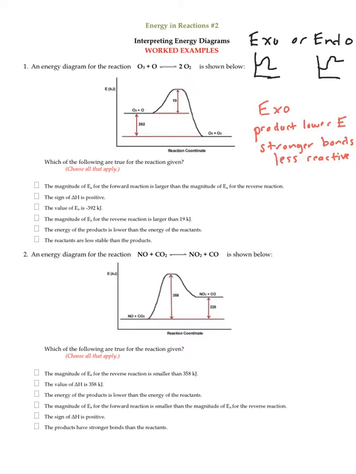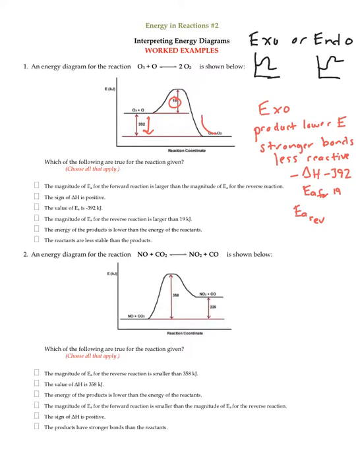Other things that you should realize, of course, is that the delta H is negative. One of the ways you can tell that is, again, we're moving down as we go from reactants to products. And so in this case, we're dealing with negative 392. The activation energy for the forward reaction is always easy to tell. It's just whatever you're given for the size of that hump. But remember that for the reverse direction, for an exothermic reaction, I'm going to have to add up these two numbers, right?